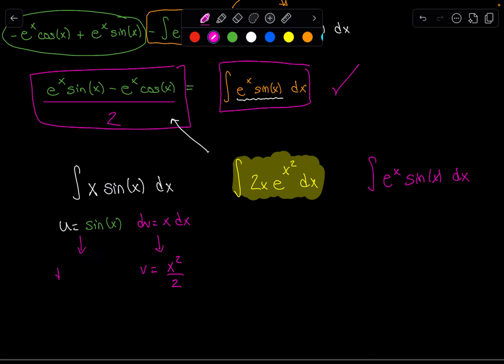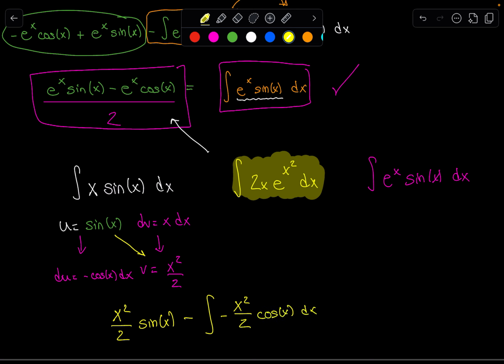And on the left-hand side, I'm going to get du equal to cosine of x dx. And this doesn't really help us because when we set up and we follow our little thing of u times v, I'm going to get x squared over 2 times sine of x minus the integral of x squared over 2 cosine of x dx.